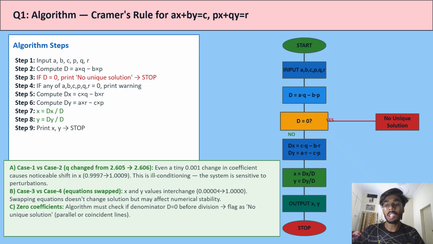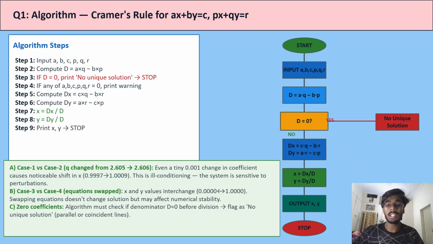If d is not equal to 0, then we proceed further and calculate dx and dy respectively, and then calculate x and y. x and y are the roots of our equation. We have four cases. In cases 1 and 2, the value of our q input is changed by just 0.001.